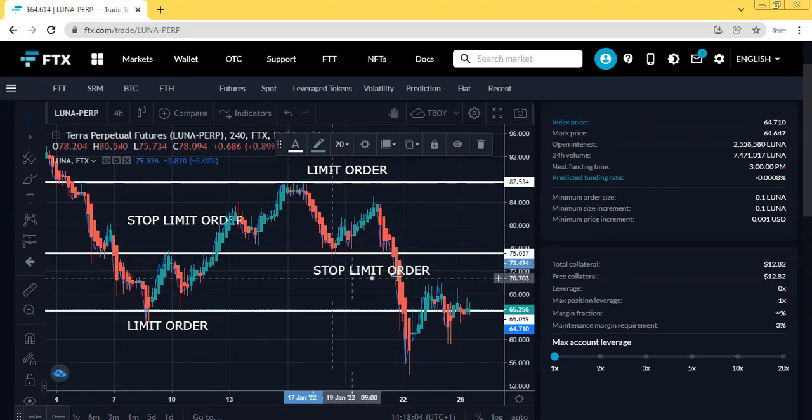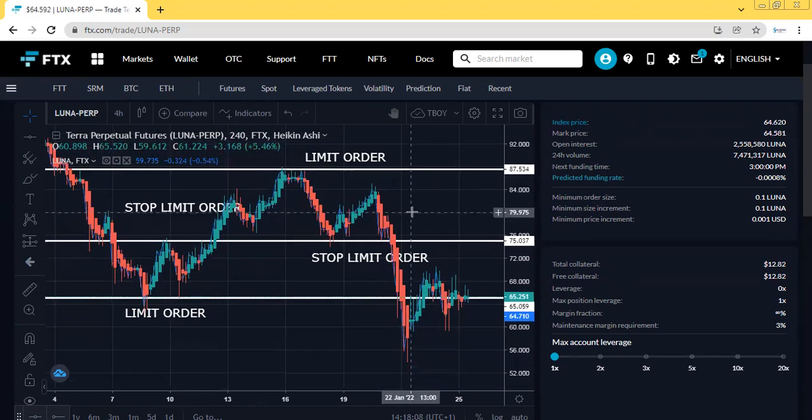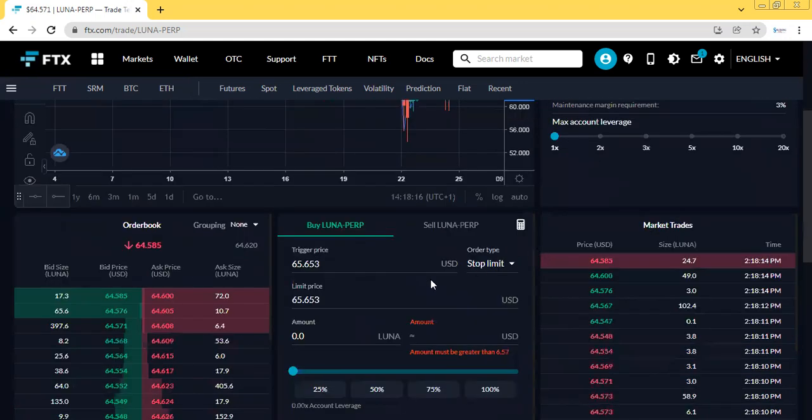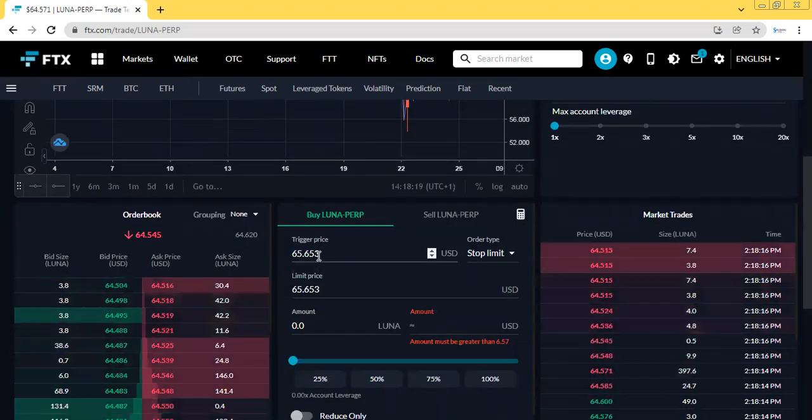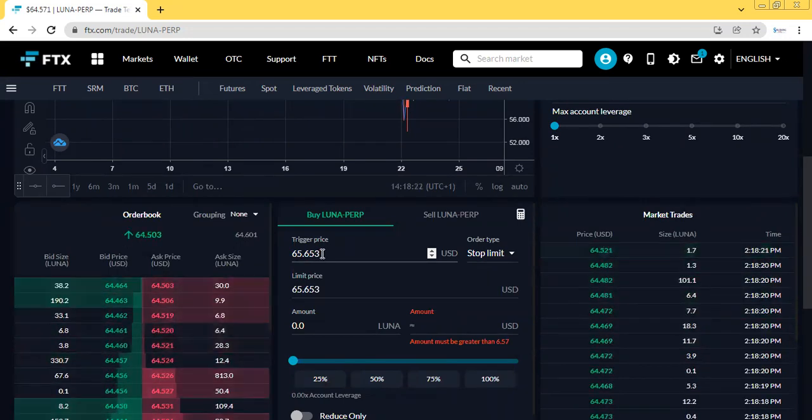This is called sell stop limit order. Once you put your sell stop limit order, you copy this number and put it in this place.